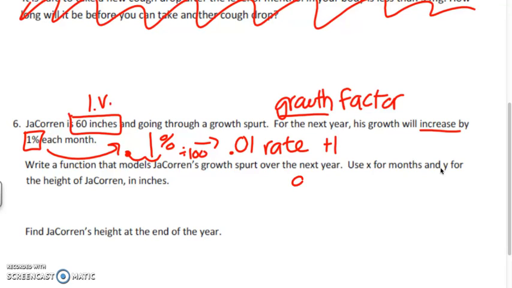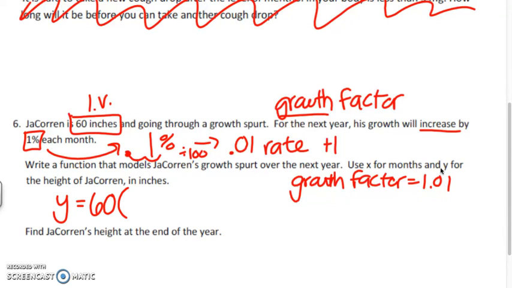So then your growth factor is going to be 1.01. Okay? So we can write our equation now that we have our growth factor. So we'd have y equals, he started out with 60 inches. Our growth factor was 1.01, and then I raise it to the x.